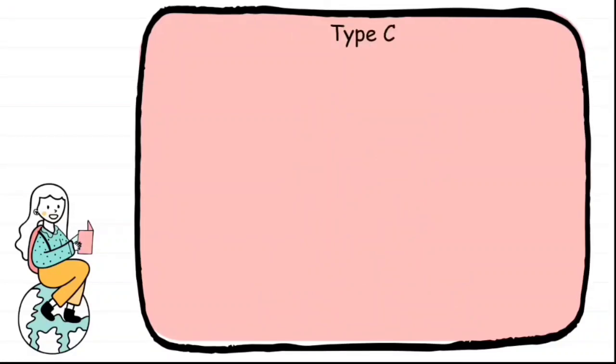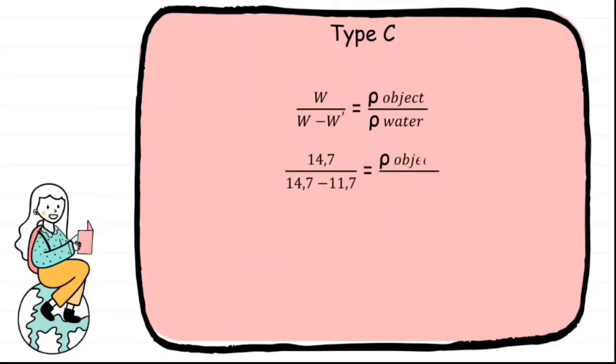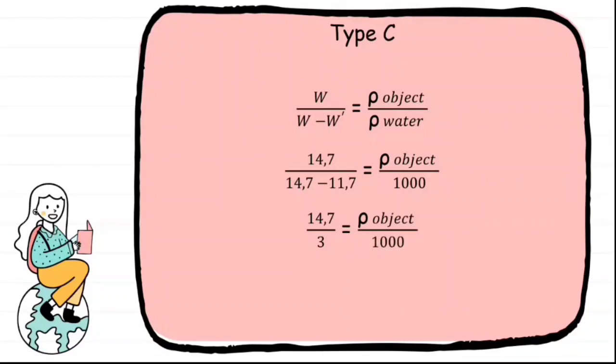And the last, type C. This is the same formula, and the weight in the air is the same. 14.7 over 14.7 minus 11.7 equals rho object over 1000. So 14.7 over 3 equals rho object over 1000, and rho object equals 4.9 times 1000.